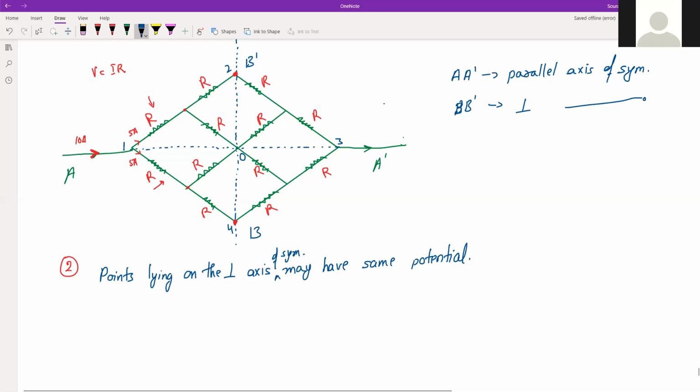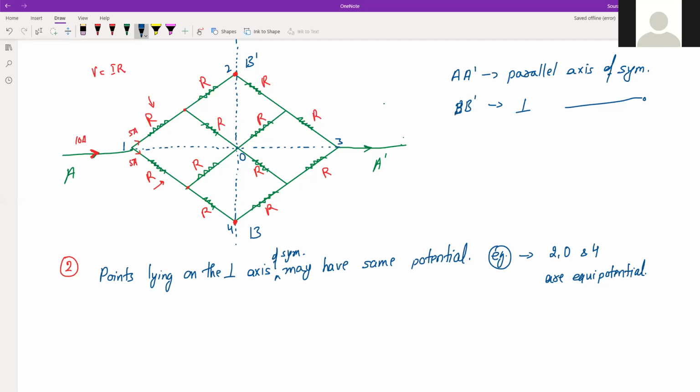So what all points are having the same potential? We can say that, for example, in the above figure, the points 2, 0 and 4 are equipotential. I hope this is clear. So these are the points which are equipotential, right?